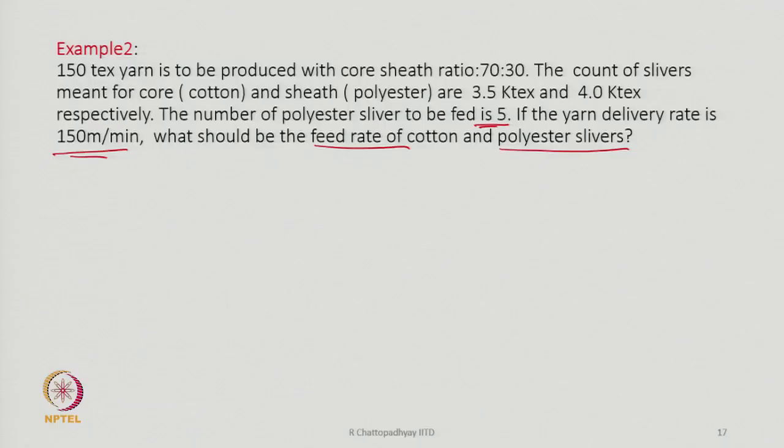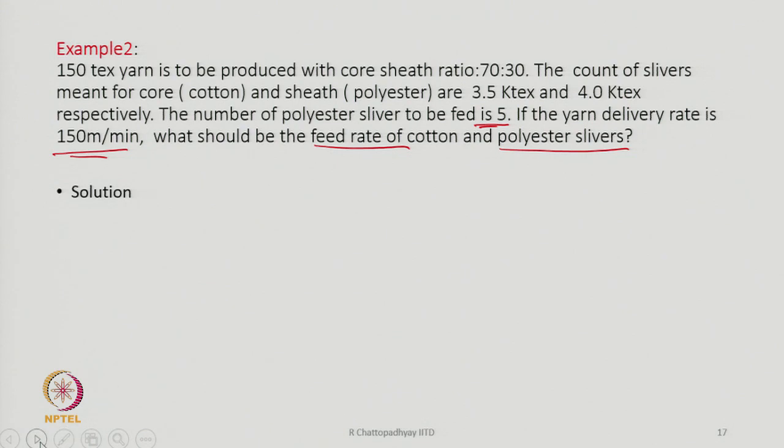So, for a given core sheath ratio, some parameters are already known. We need to find out what should be the feed rate of the cotton and polyester slivers, because once you want to work on the machine, this is what you need to do.